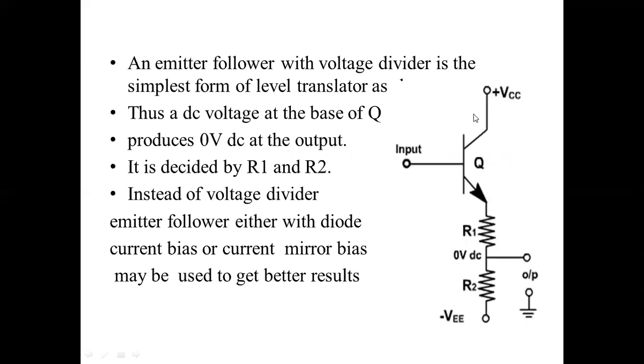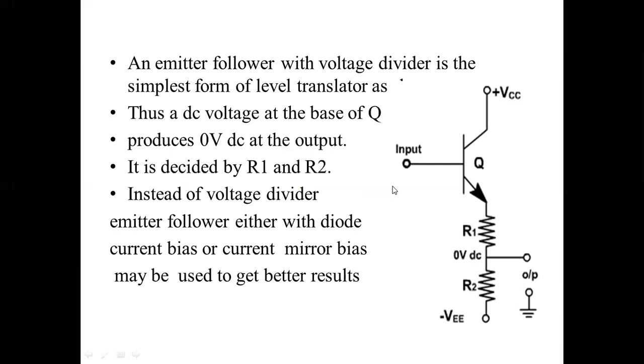I am going to explain this in detail, this kind of voltage divider circuit. So an emitter follower with a voltage divider is the simplest form of the level translator.